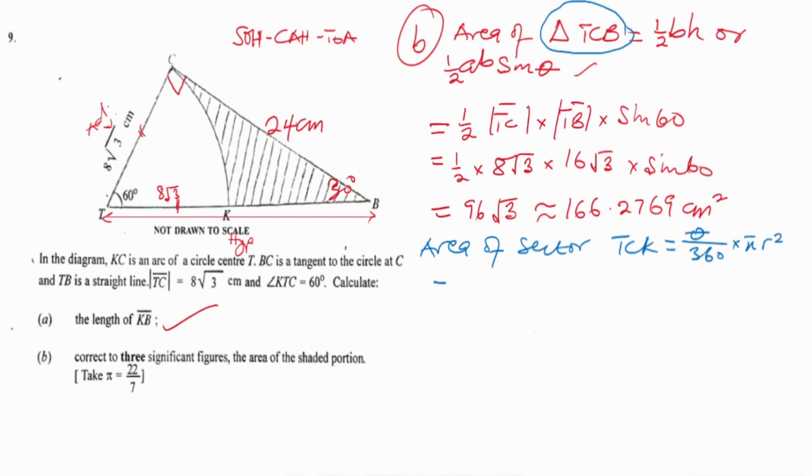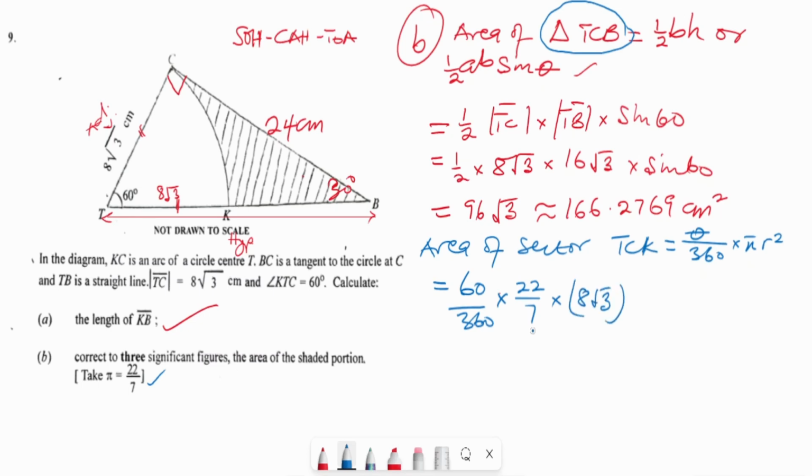Now coming to this particular question, the central angle there is 60 degrees over 360. I can just take off the degree for now, times pi. The question gave us 22/7 to use, so we use that 22/7 times the radius, which is 8√3 squared.